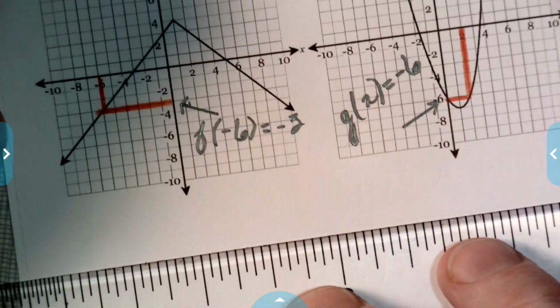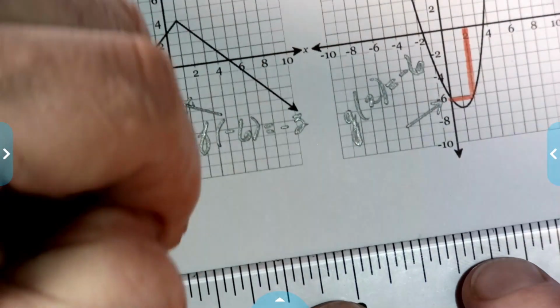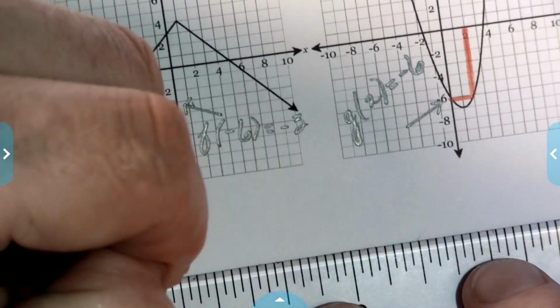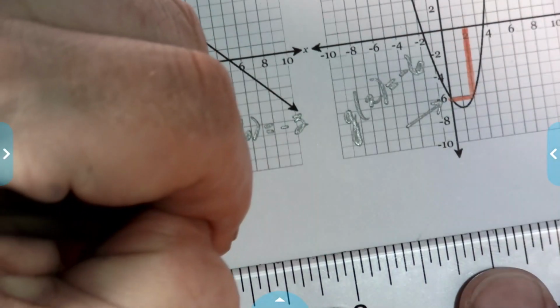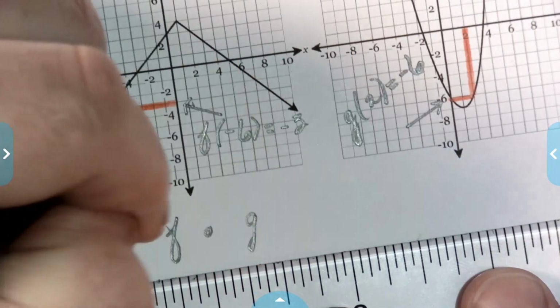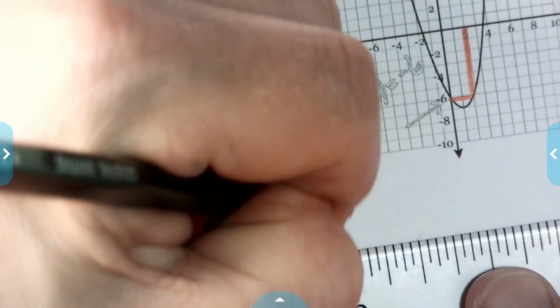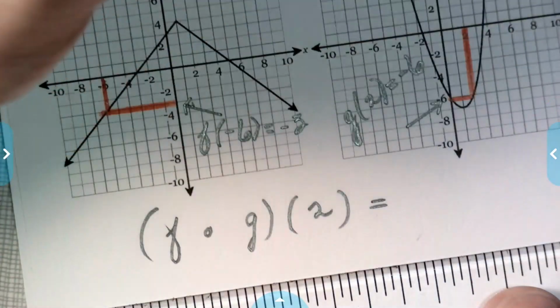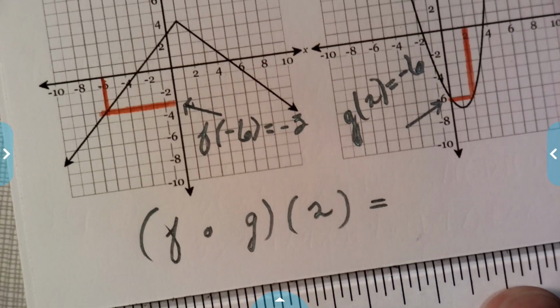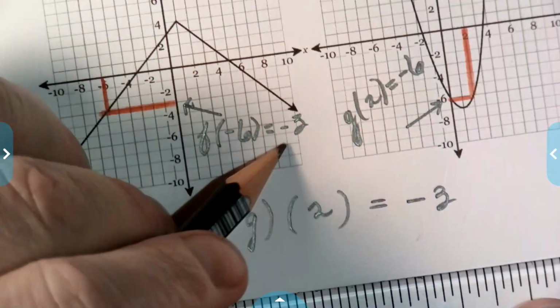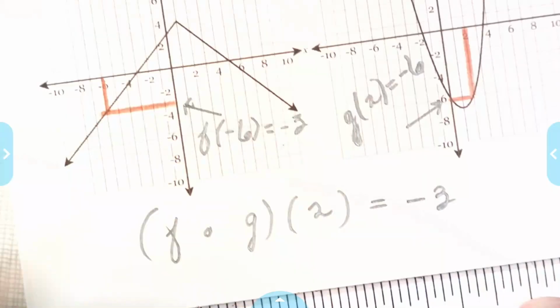Or you could say f of g of 2 equals -3. Okay, because that's the final value.